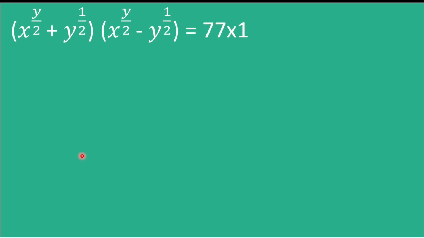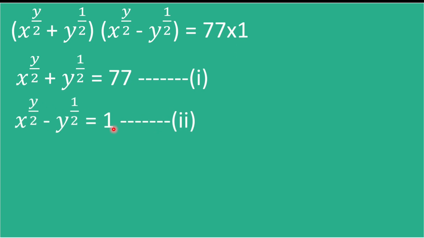So let's move forward. Now we have factorized 77 into 77 times 1, and we will compare these two values. This factor is equal to 77, and we call it equation 1, and similarly we make an equation of this value, which is equal to 1, and we call this equation 2.